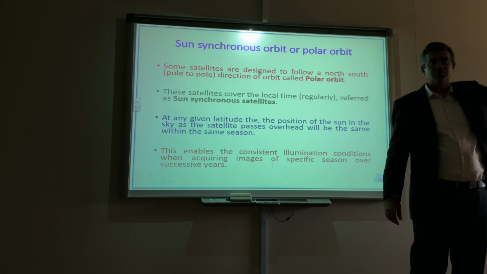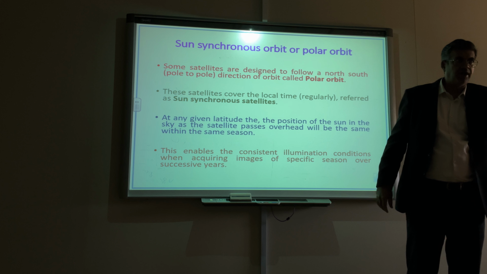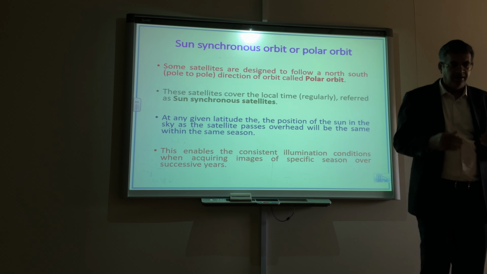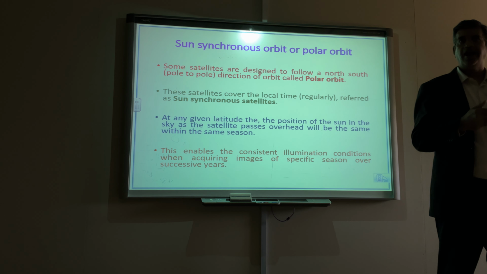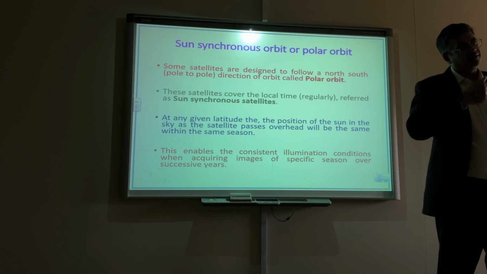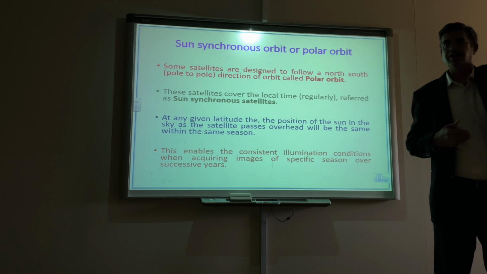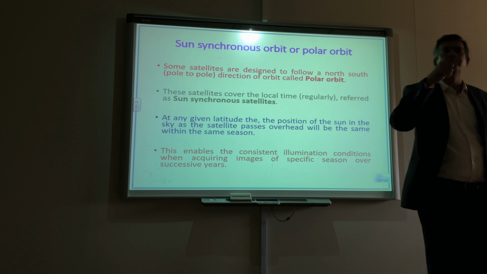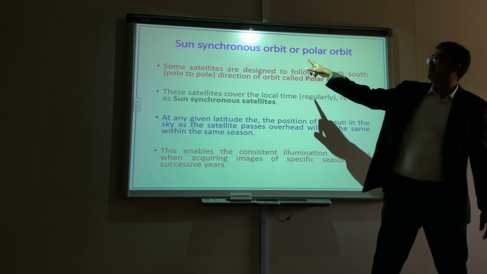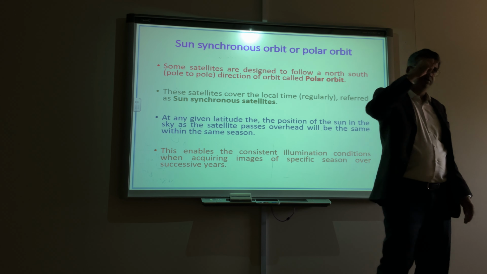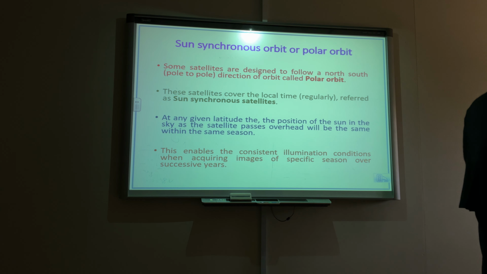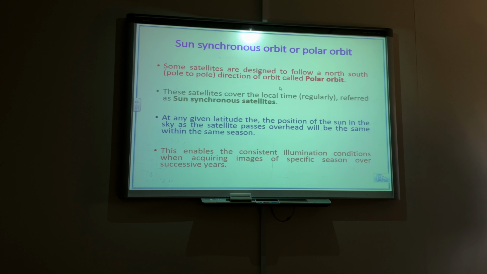At 2 o'clock the position will change, at 5 o'clock the position will change, but the position of the satellite at 5 o'clock today will be the same position at 5 o'clock the next day. So that means the movement of the satellite is synchronized with the timing of the sun. So some satellites are designed to follow a north-south, pole to pole direction, which is called a polar orbit.